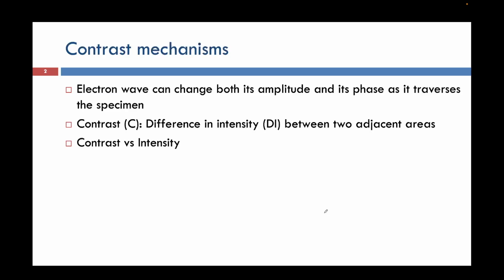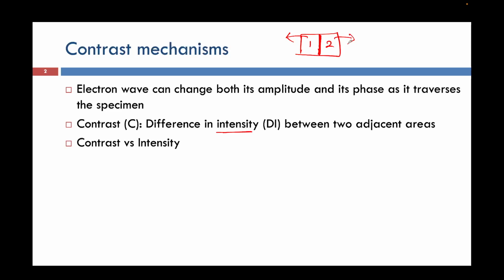First of all, what do we mean by contrast? Contrast is nothing but the difference in intensity. When we interact our specimen with the incident electron beam, we want to see in which region of our sample the intensity is varying. So it is the difference in intensity between two adjacent areas. If I divide the sample into region 1 and region 2, what is the difference in intensity between them?